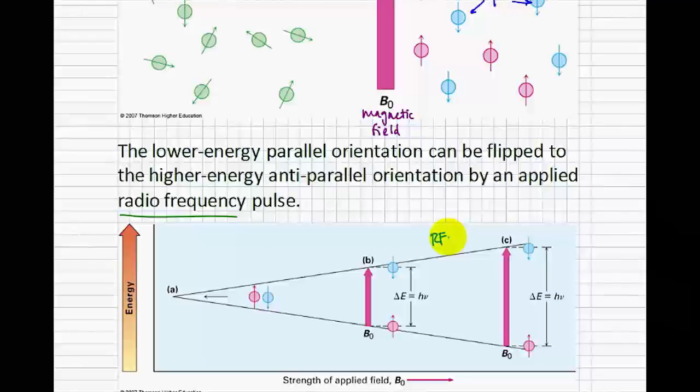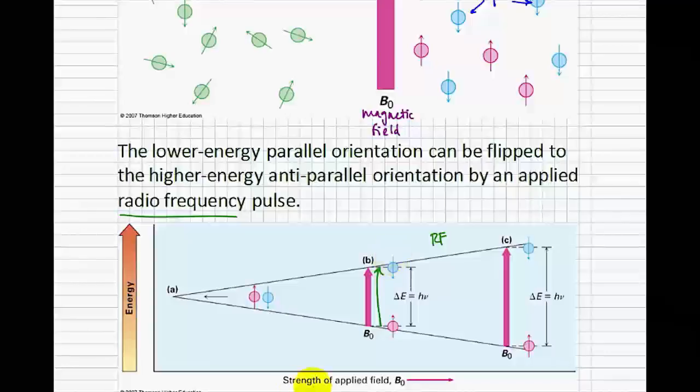This involves radio frequency. That will supply just enough energy for the lower energy spin to be promoted, to be excited up into that slightly higher energy anti-parallel orientation.